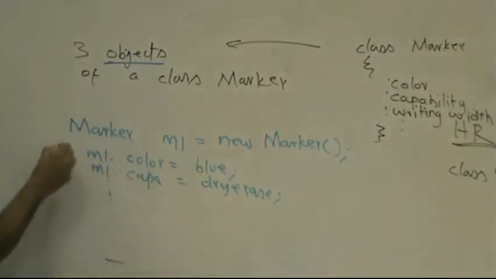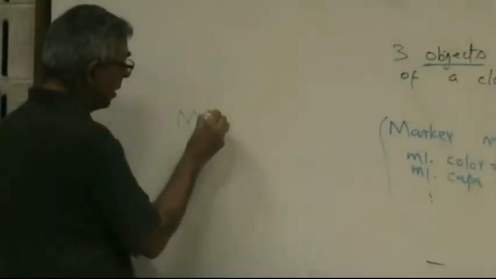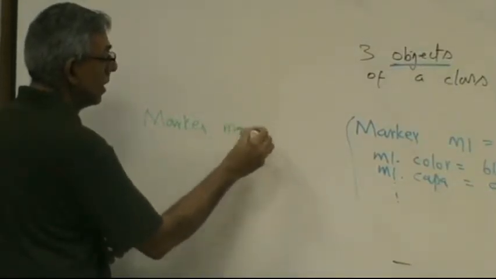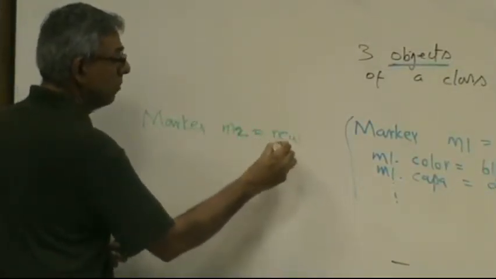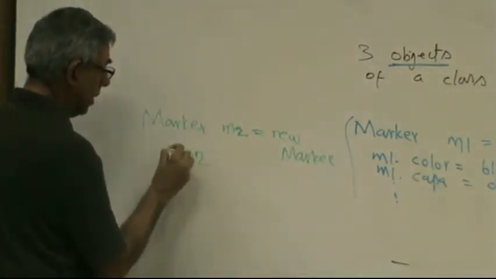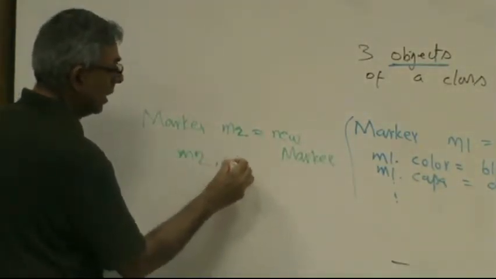And so on. Okay, so what if I wanted to now represent the green marker, right? Then I will say marker M2 equal to new marker. And then M2, for example, dot color equal to green.